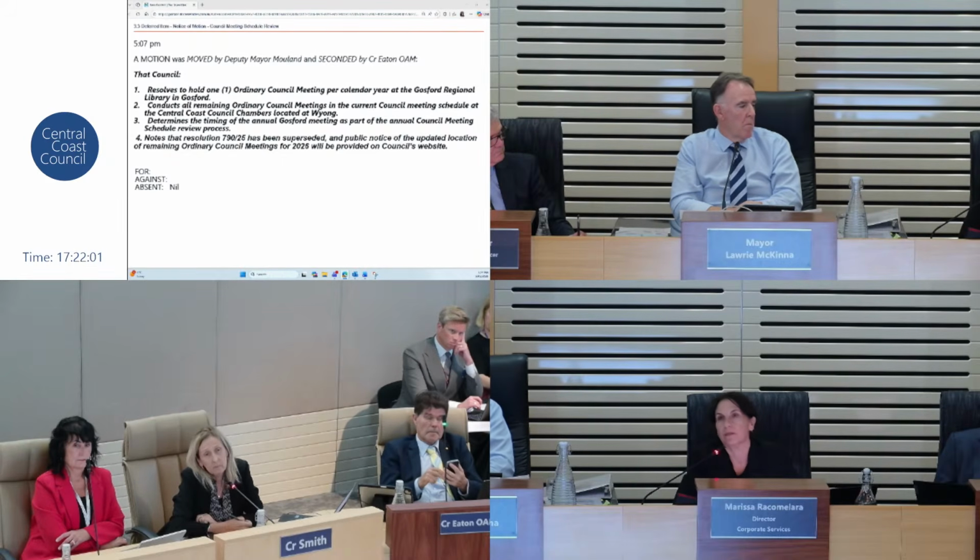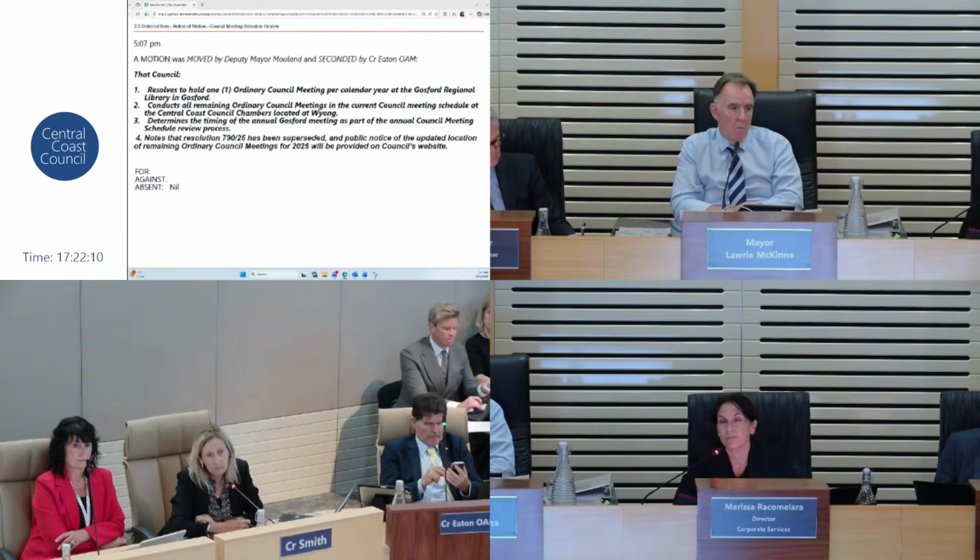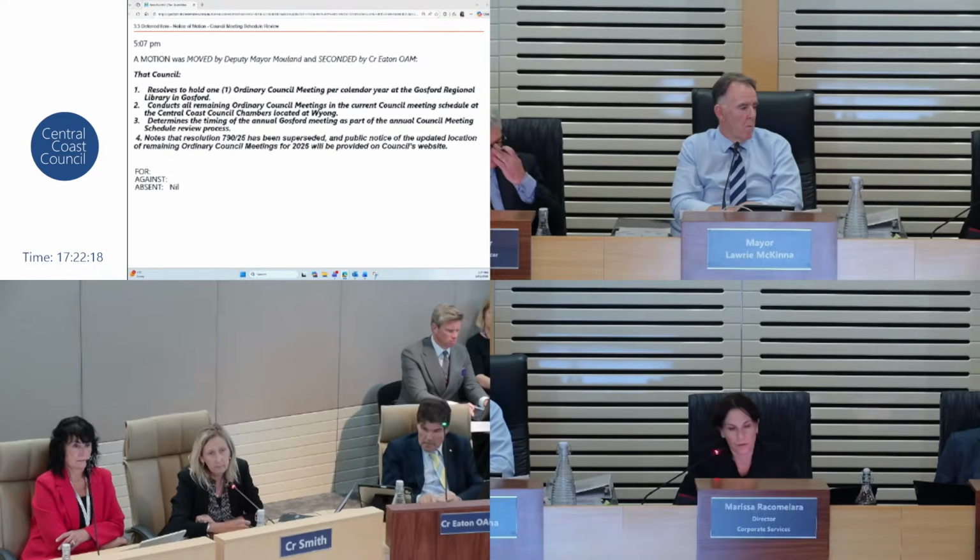That involves the civic support and IT staff that are required to attend for some time to set up the facility and to ensure it's running, and then to re-attend the following day to pack it back down and enable other uses to occur.